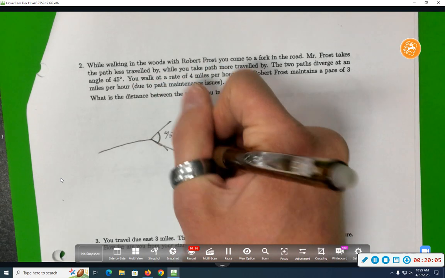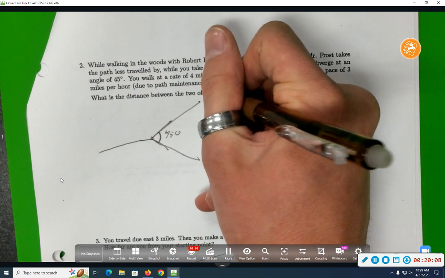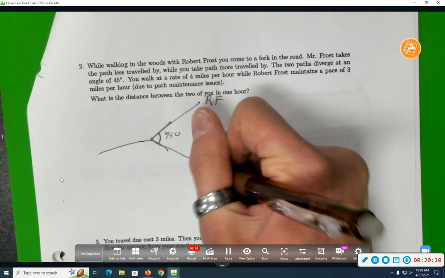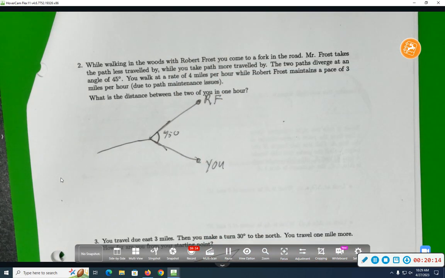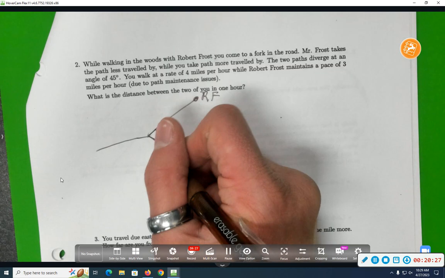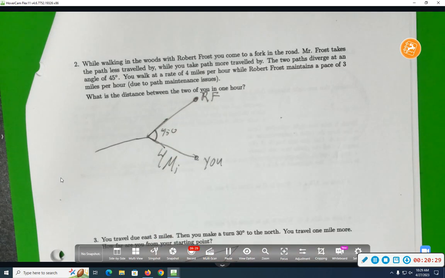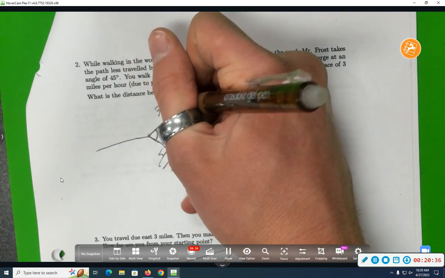And you keep walking for a while. After 1 hour, how far have you walked? 4 miles. Why 4 miles? Because you walk 4 miles per hour. Awesome. 4 miles per hour times 1 hour is 4 miles. How far has Robert Frost walked? 3 miles. And what's the thing you want to find in this question?